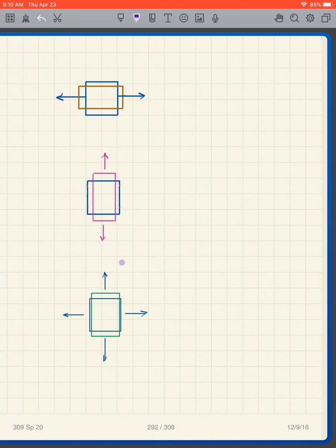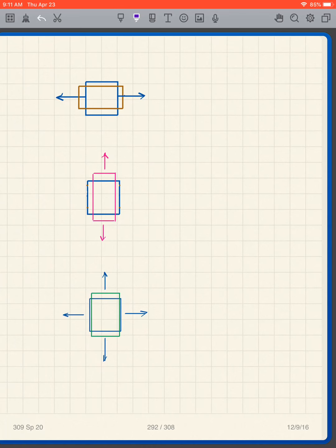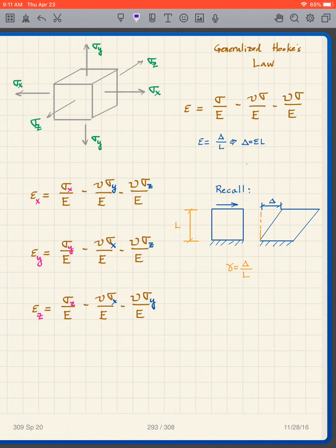And then if I apply it in both directions, our goal is to compute the green shape here, the end result. That's our goal, to compute the situation when I have forces in multiple directions. It's pretty straightforward. We just add the effects of all these.